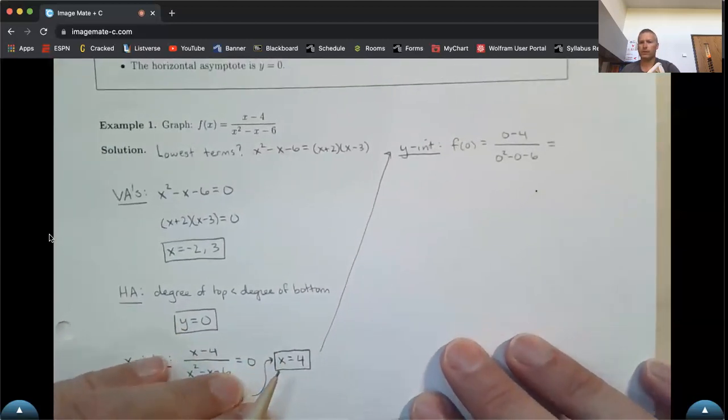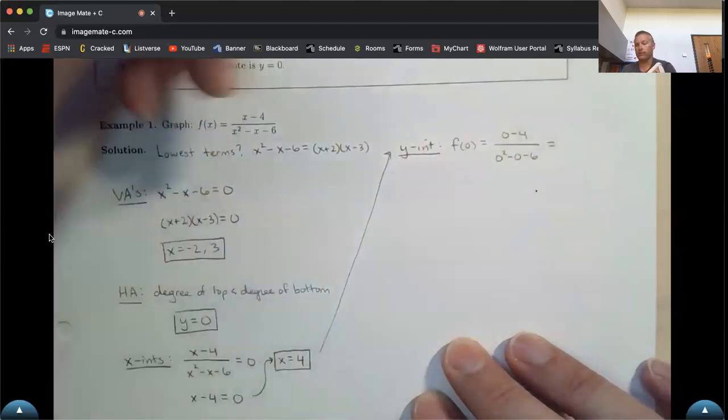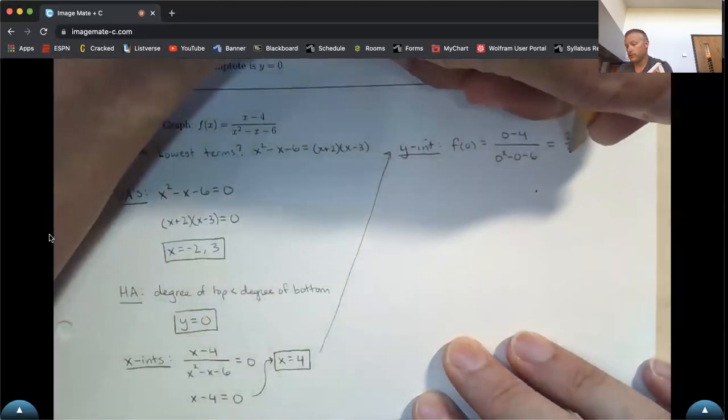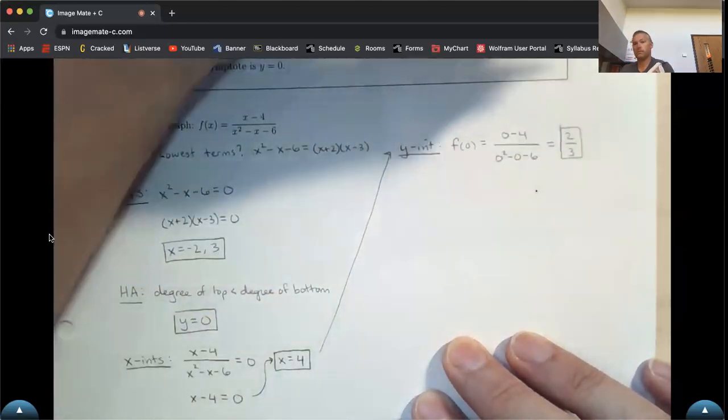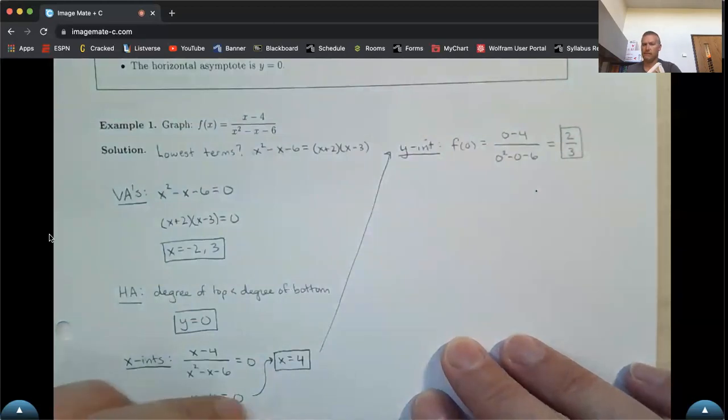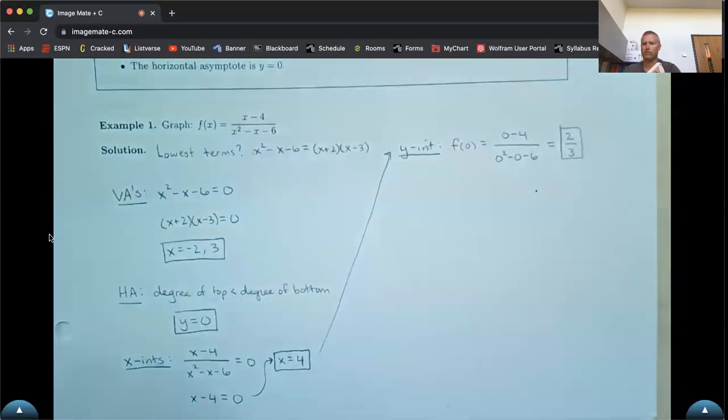And so as you can see, what's left over is negative 4 over negative 6. In other words, 2/3.